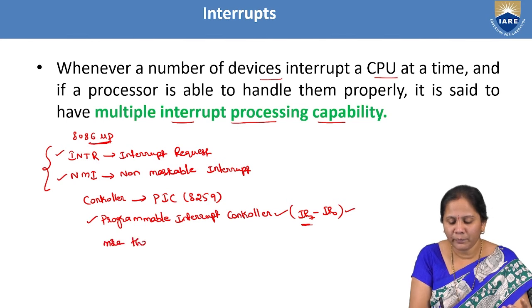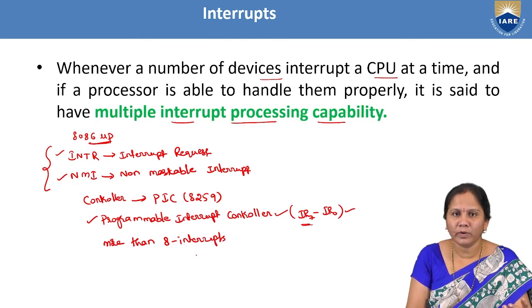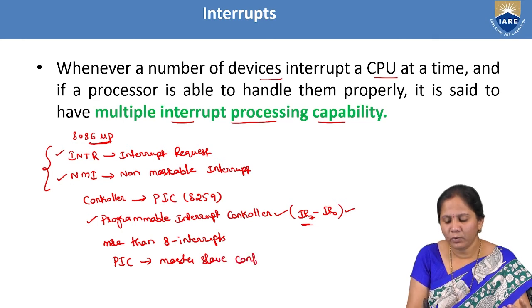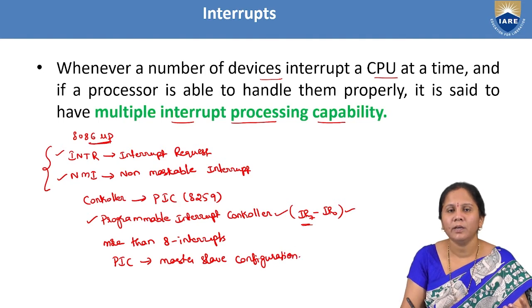In case of handling more than 8 interrupts, we have to use this programmable interrupt controller in master-slave configuration. In this configuration, we connect the master and slave 8259 ICs in a cascading manner.